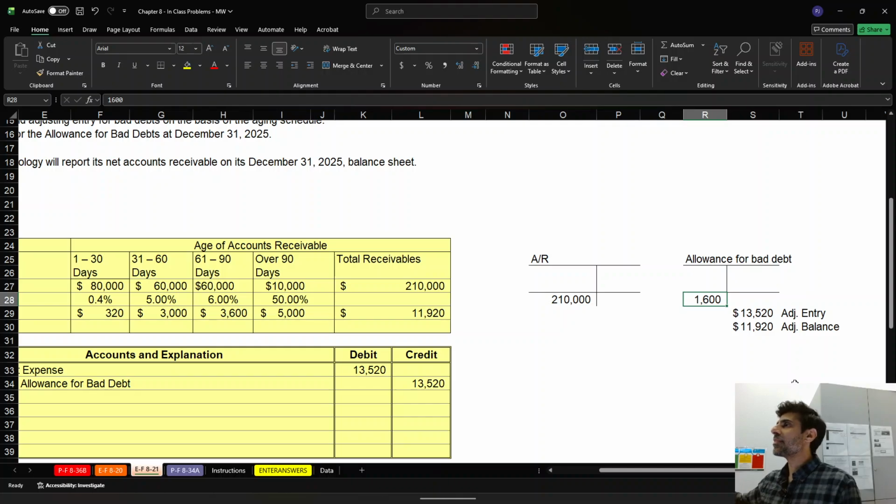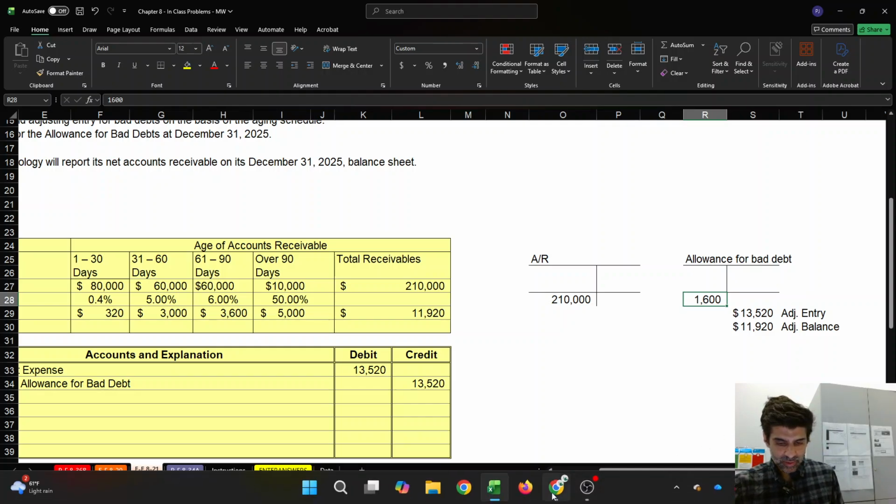I mean, it could be, but it's very unlikely that you're going to estimate at the beginning of a period exactly how the future is going to play out. There's always going to be some true up that has to happen. Okay. Any questions on this? Everyone good with this idea of bad debt expense? Okay. All right. So let's move on.